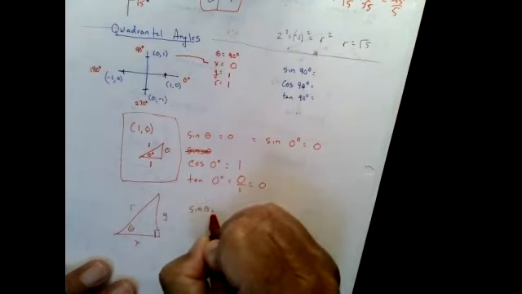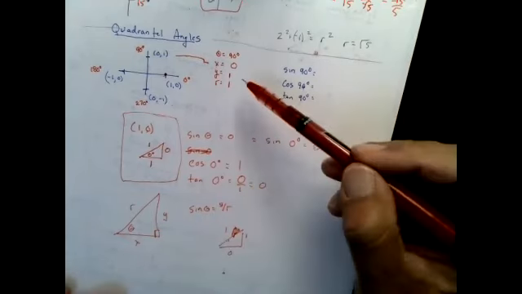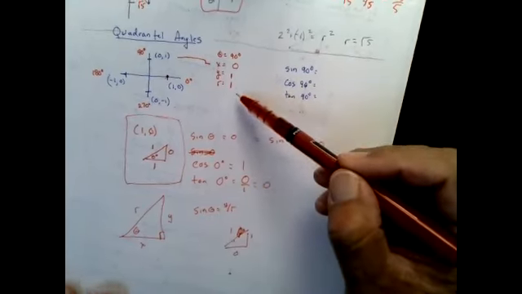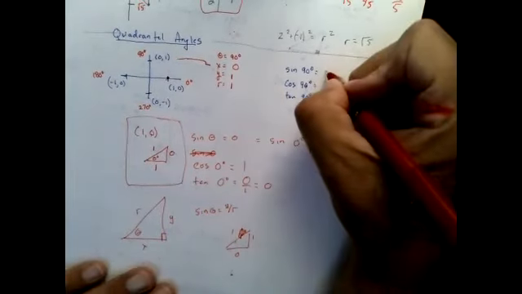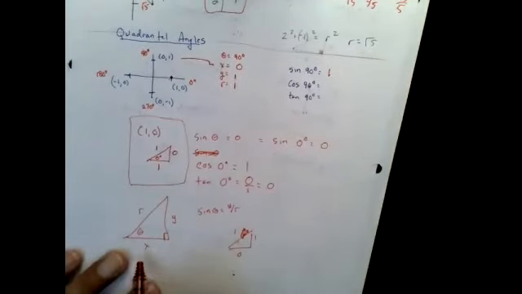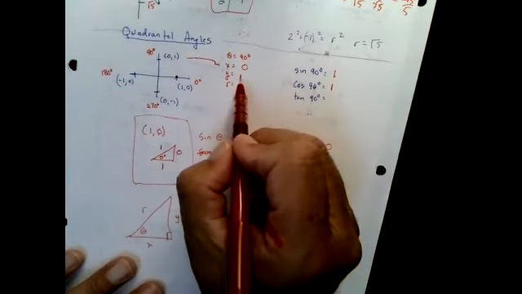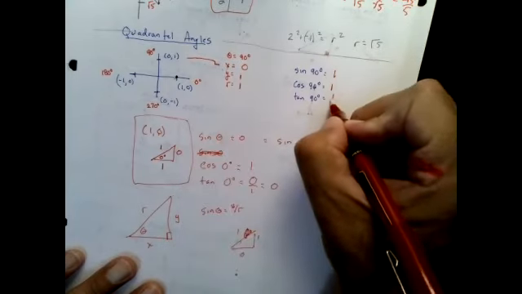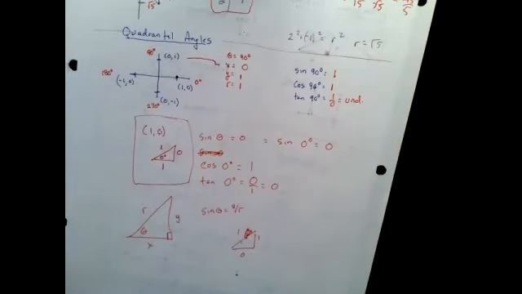The sine of theta was y over r. So if I look back up here, what's y over r? 1. Cosine is x over r, which is going to be 0. The tangent is y over x, 1 over 0, and now this is what somebody mentioned a moment ago. It's going to end up being undefined.